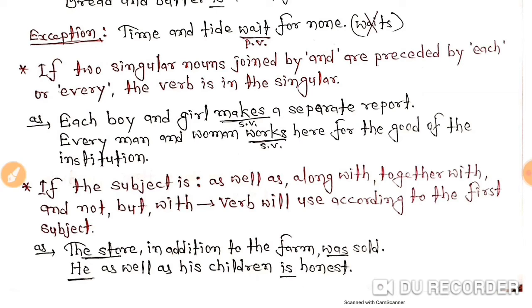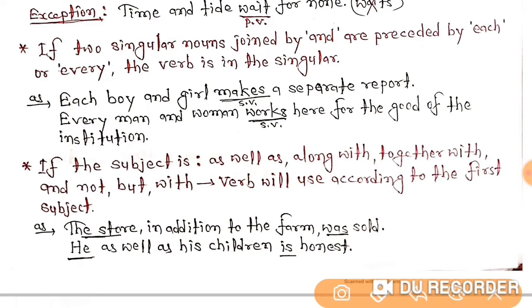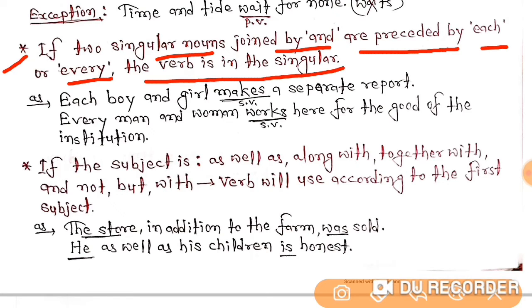Okay, now let's move to the next rule, that is if two singular nouns joined by and are preceded by each or every, the verb is in singular.